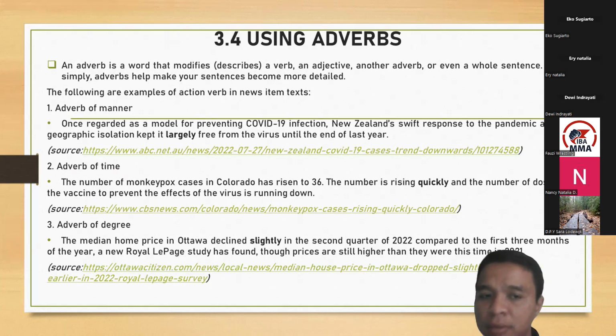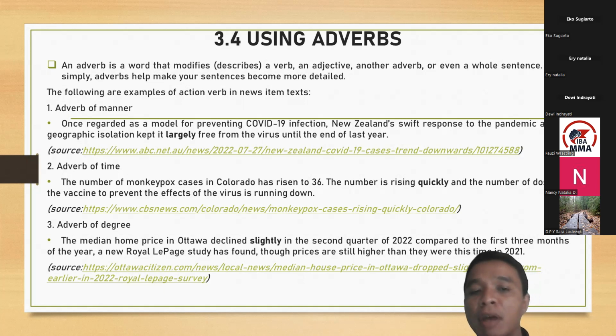The second one is adverb of time. For example, the number of monkeypox cases in Colorado has risen to 36. The number is rising quickly, and the number of doses of the vaccine to prevent the effects of the virus is running down. The news is taken from cbsnews.com.